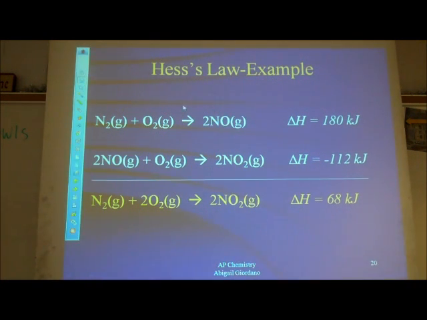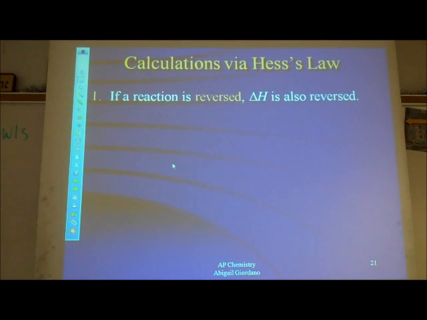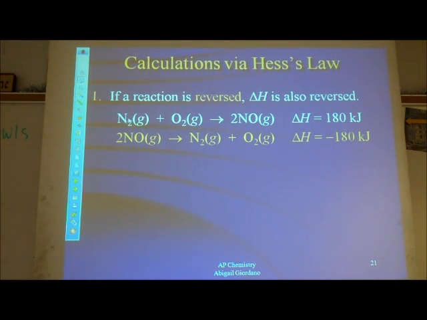Well, here's an example. What's happening from this equation in white to this one in yellow? Okay, the products and reactants have flipped. And look what happens to the energy change. Okay, it just changes sign. And guys, that should make sense.